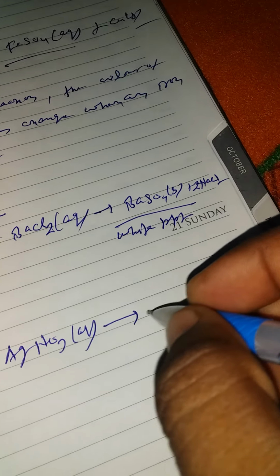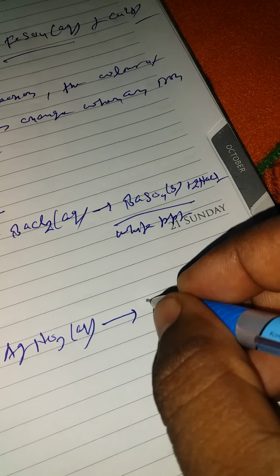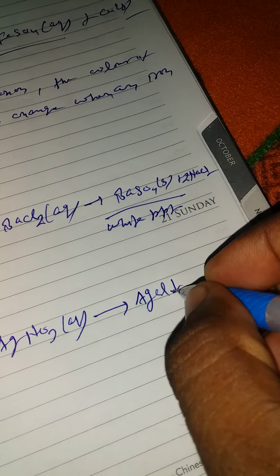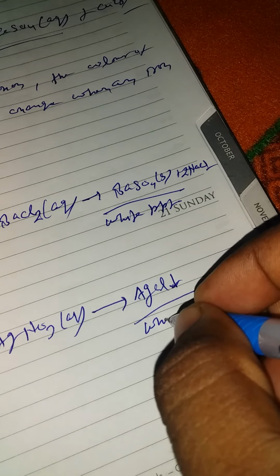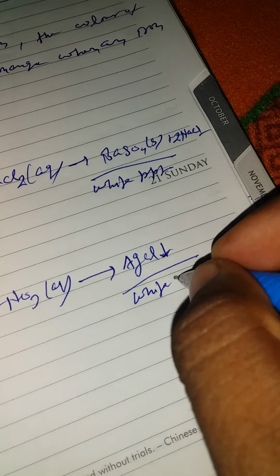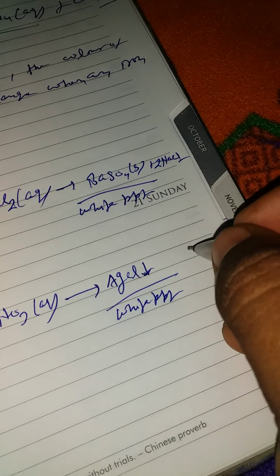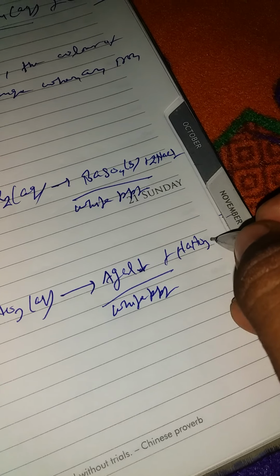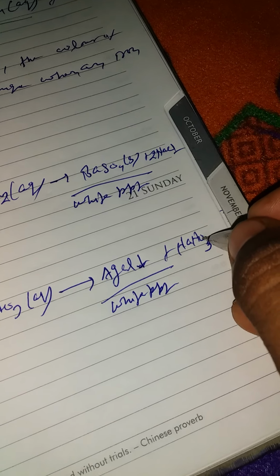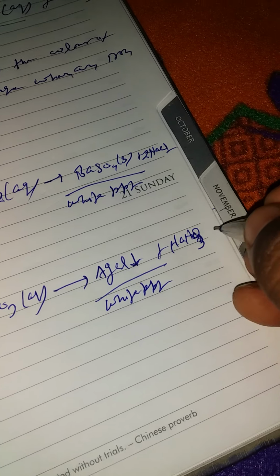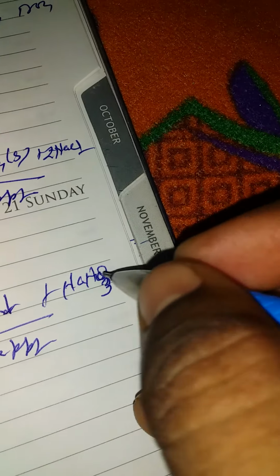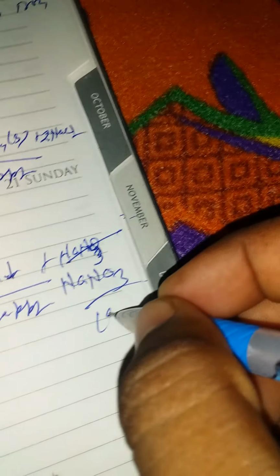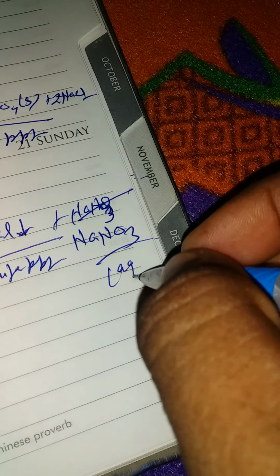When we mix them with one another, we get AgCl, a white precipitate, plus NaNO3 in the form of aqueous.